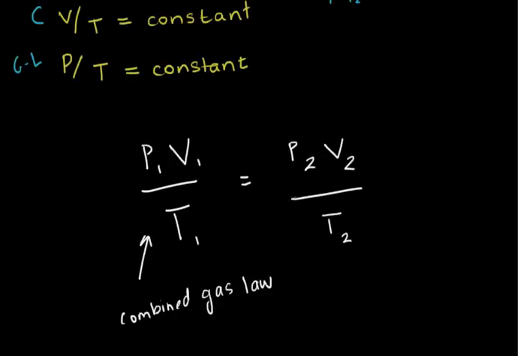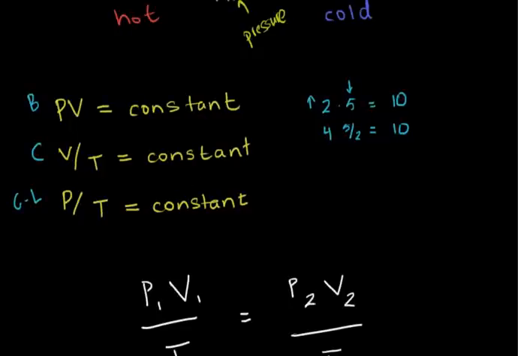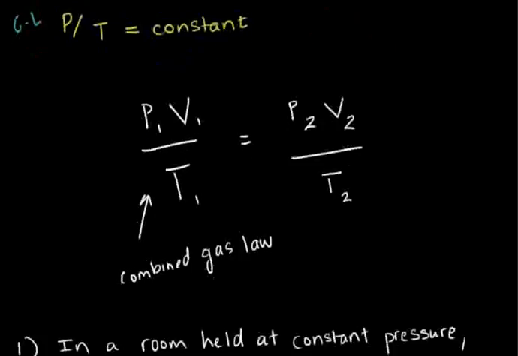Well, we can still use the combined gas law instead of resorting to our more individual gas laws up here. We can just cancel pressure out of our equation, and we get V1 over T1 is equal to V2 over T2. So we can use the combined gas law in a whole bunch of situations and calculations.